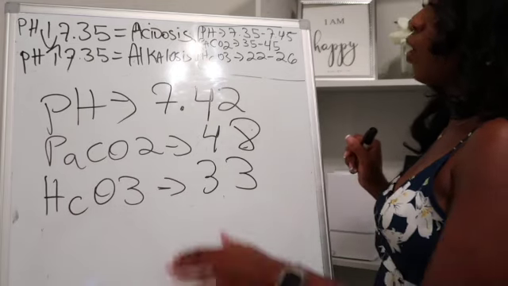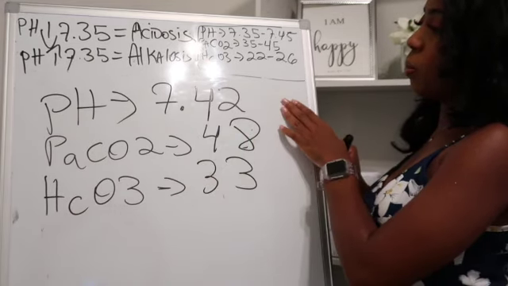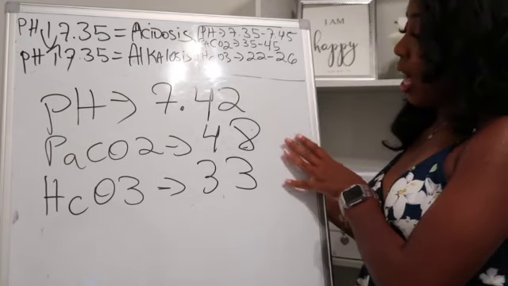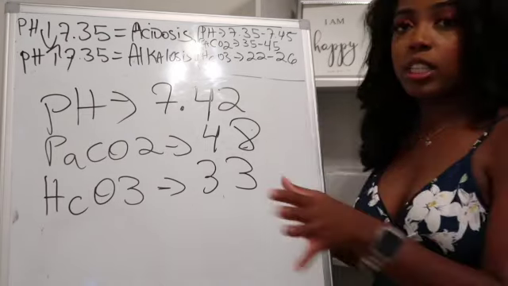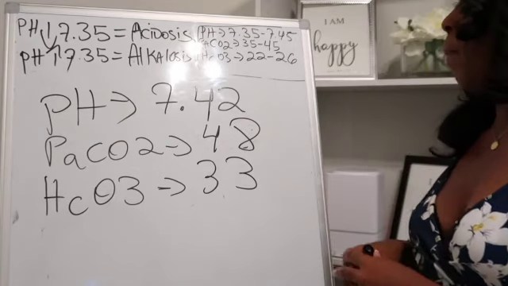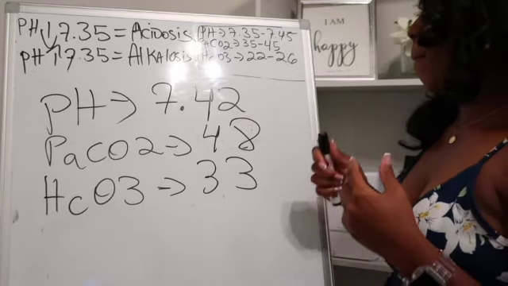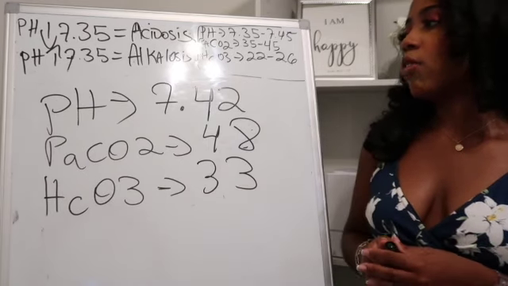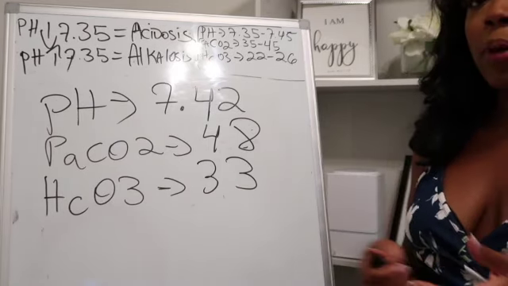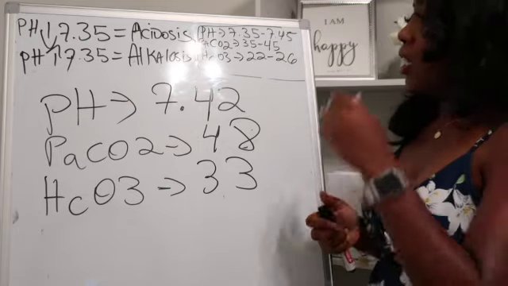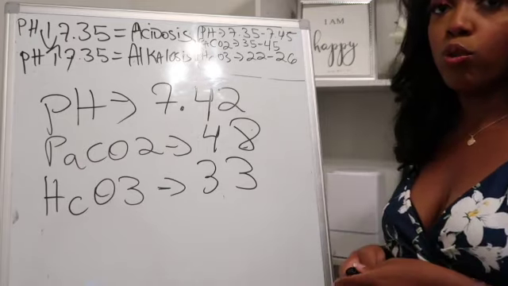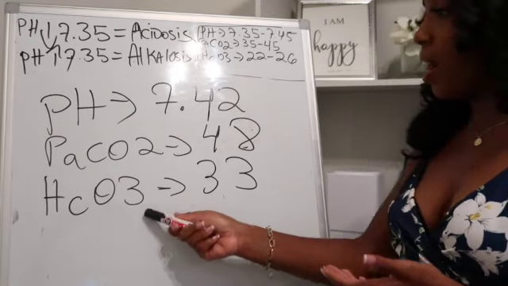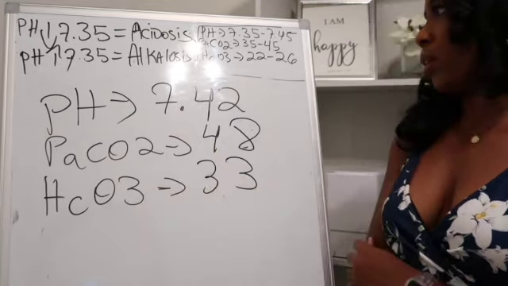So even though the pH is normal, there's something going on here, and the body is fully compensating for it, okay? So basically, the way to figure it out is if your professor gives you the patient's diagnosis, that's the easiest way to find out if it's a metabolic problem or an acidic problem, okay?